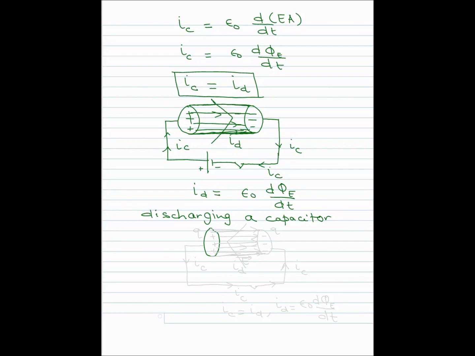So we have a charged capacitor. Let's say this is positive with some charge Q, and this is minus Q, equal amount of charge but opposite sign, and the electric field is still pointing like this from the positive to the negative.